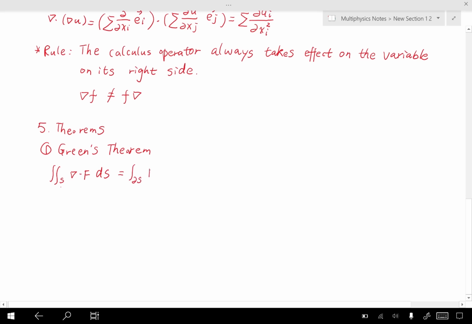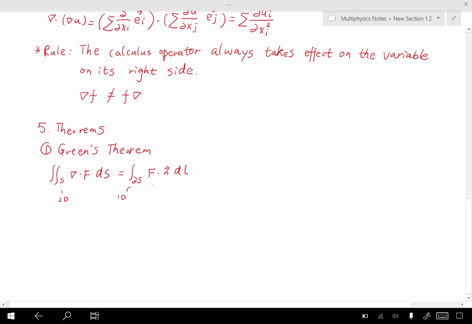So here, that's how it works. This is S. It's 2D, and this is its boundary. It's a line. Let's say it's del S. And N here is actually a vector.